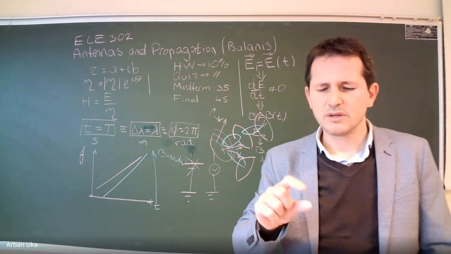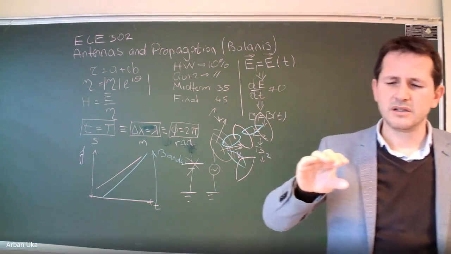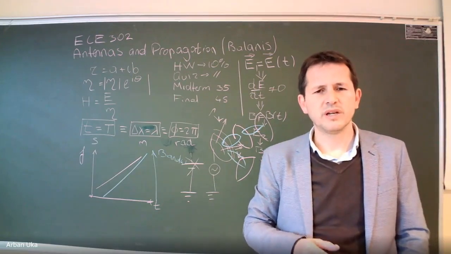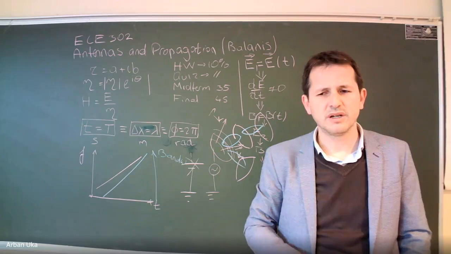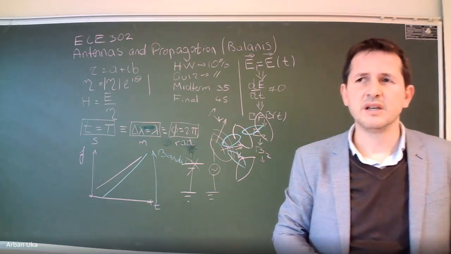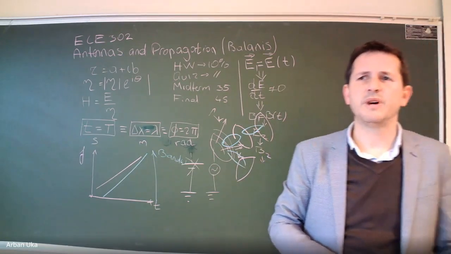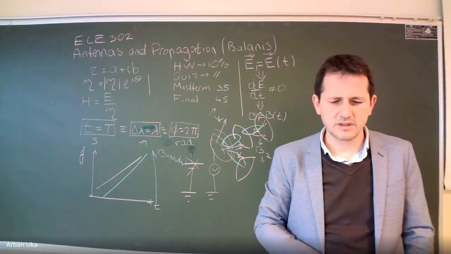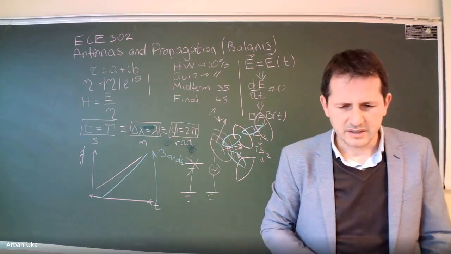Skin depth was defined as the depth into a material where a wave can propagate up to some percentage, up to 63%, or let's say whenever the power is attenuated by a factor of 63%, that can be defined as the skin depth.